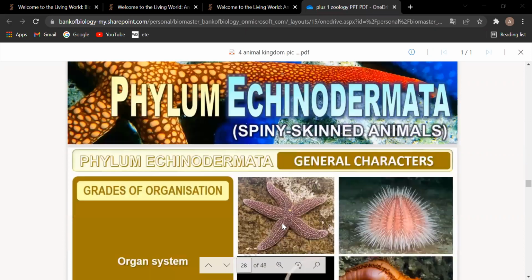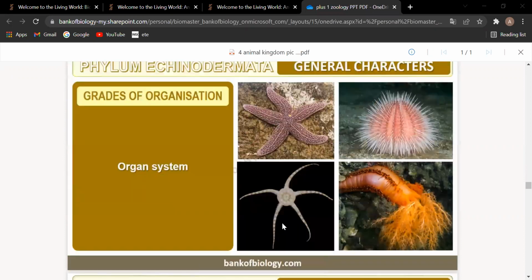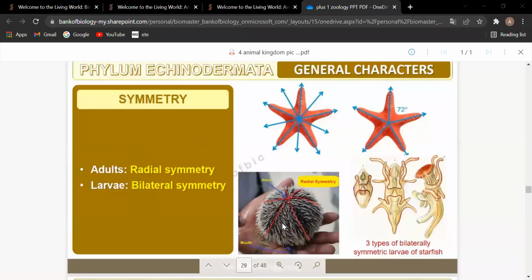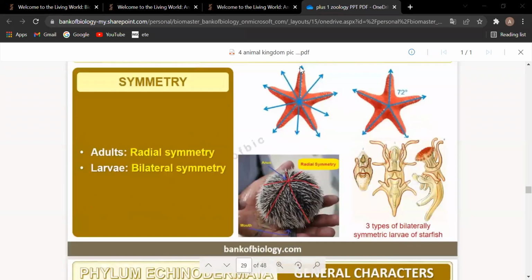You see, organ system is the grade of organization. Okay, the examples will come later, beta, don't worry. Symmetry: adults show radial symmetry. You can see the difference between bilateral symmetry and radial symmetry. In bilateral, cutting is possible through only one plane, and in radial symmetry you can cut through any plane and it always gives you equal halves. So in adults it's going to be radial symmetry, and in larvae it is initially bilateral symmetry. Okay.